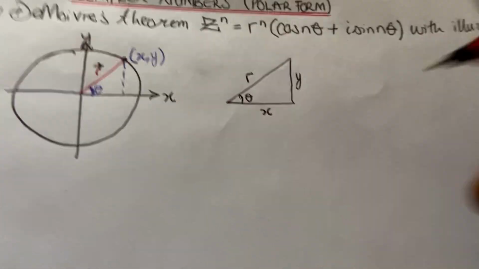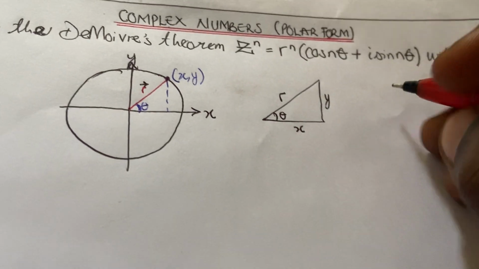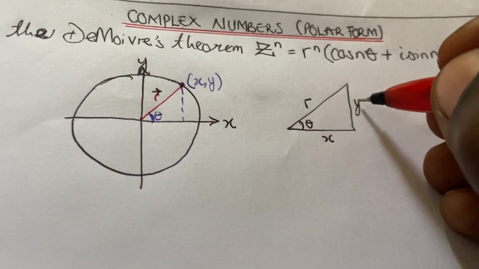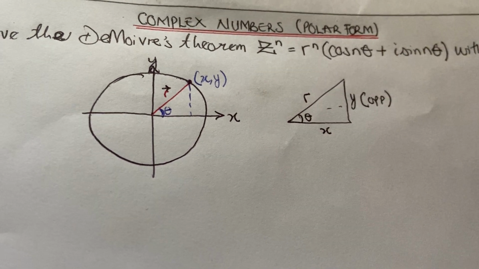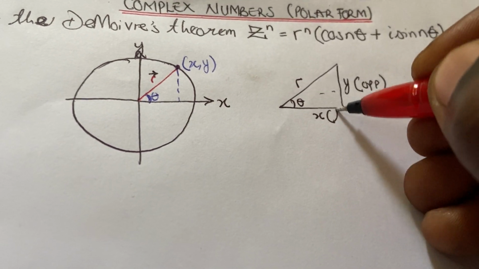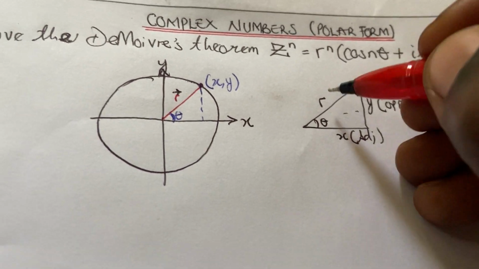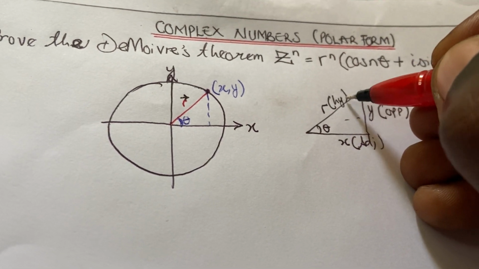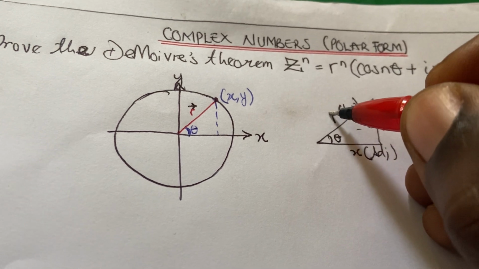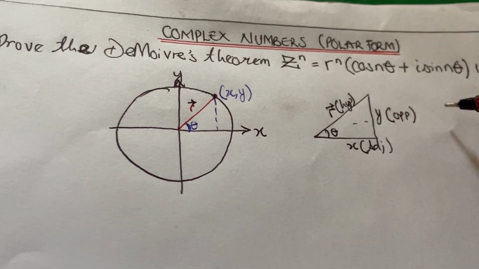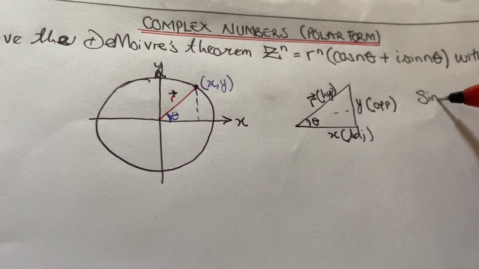Using Pythagoras, this becomes the opposite, where the angle is facing is called the opposite. So automatically this becomes the adjacent, and this becomes the hypotenuse.